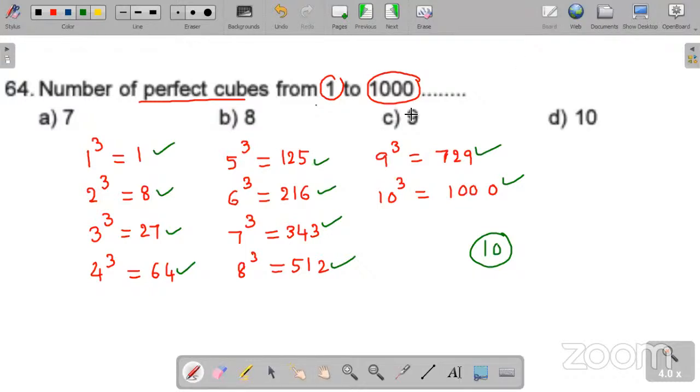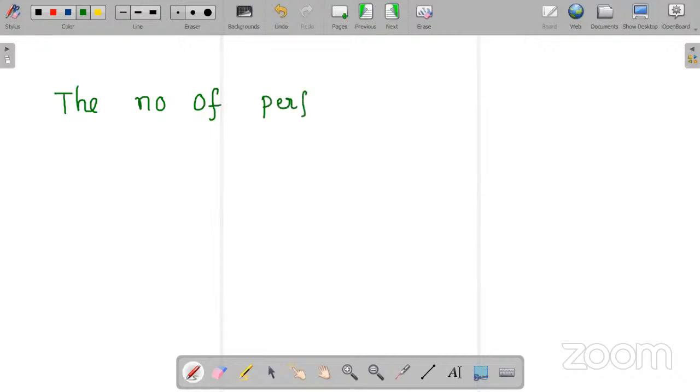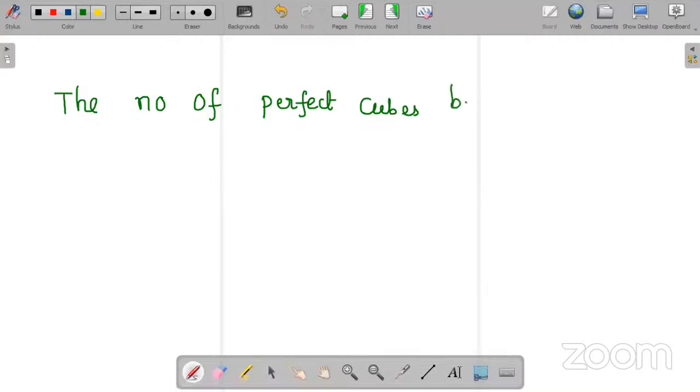Otherwise you will get confusion, so I'll give one more question also. See, the number of perfect cubes between 1 and 1000. This is the difference between the previous problem and this problem: between 1 and 1000 means we should not include 1 and 1000.